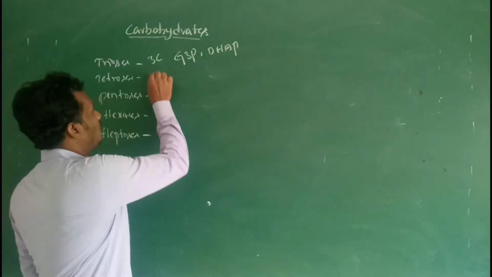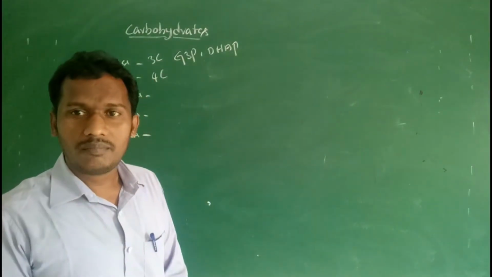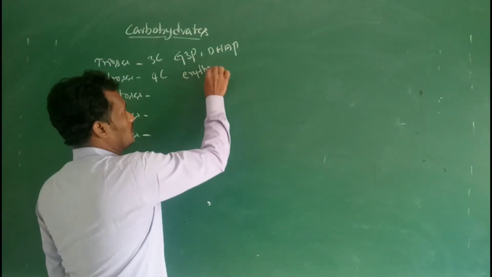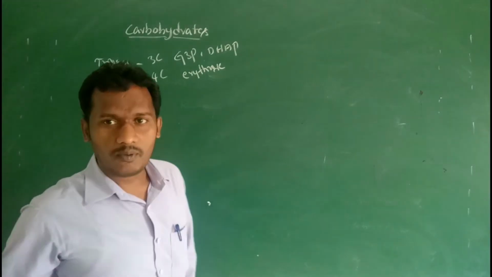Next one, tetroses. These are 4 carbon compounds. Example: erythrose 4-phosphate.